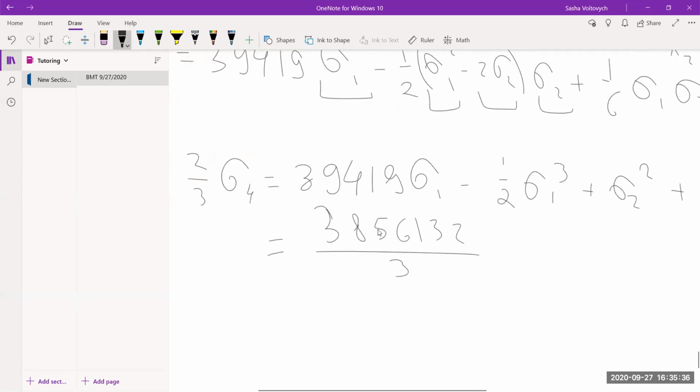Okay, and to find sigma 4, we have to multiply it by 3 and divide it by 2. So 3856,132 divided by 2 is equal to this crazy value.